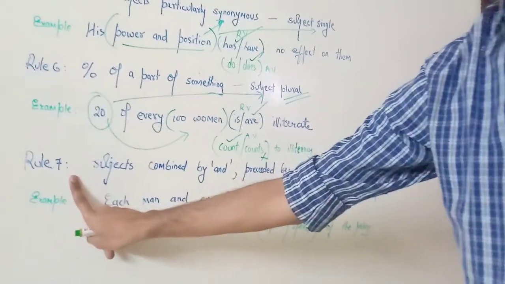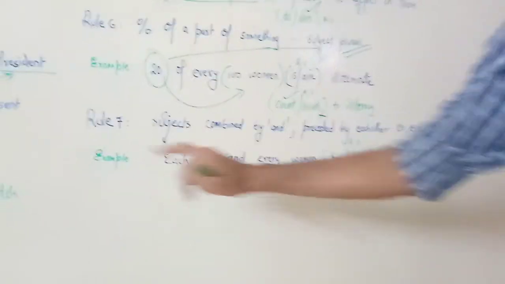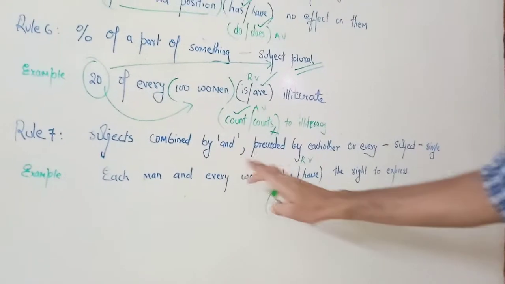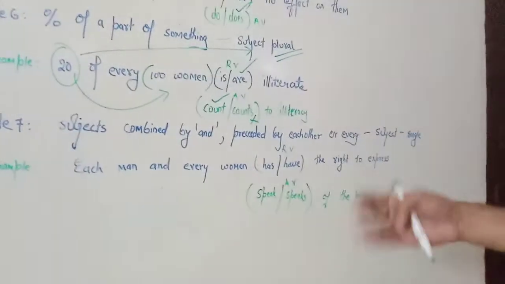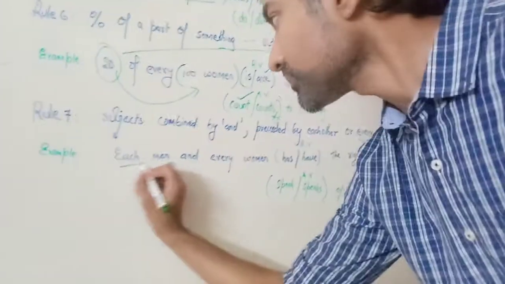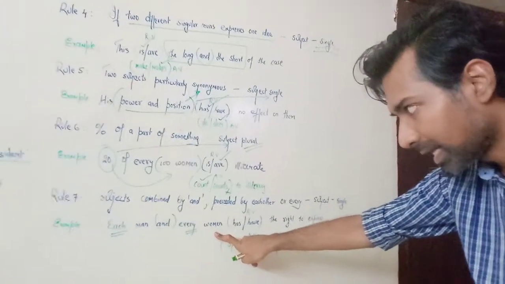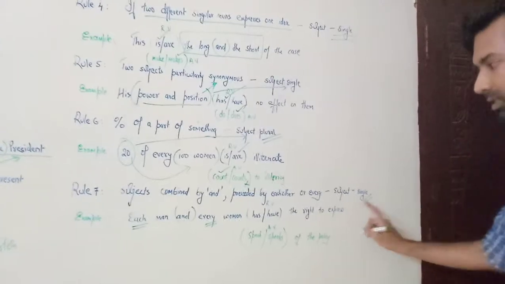Coming to our last rule with reference to the conjunction and. The last rule here basically talks of subjects combined by and preceded by each or every. That means if I have a sentence like each man and each woman, each man, each woman combined by and. So if we have this kind of a structural sentence, I would probably say that the subject will be considered single.